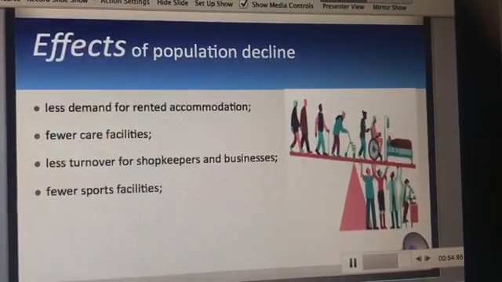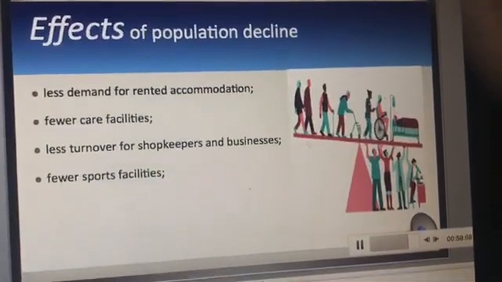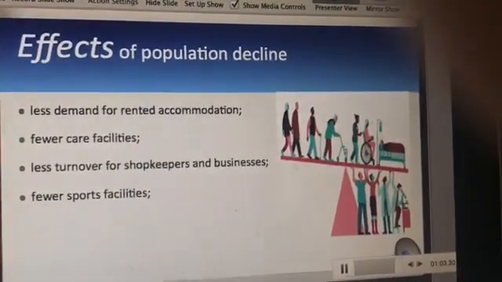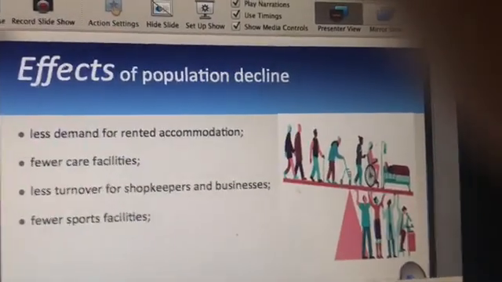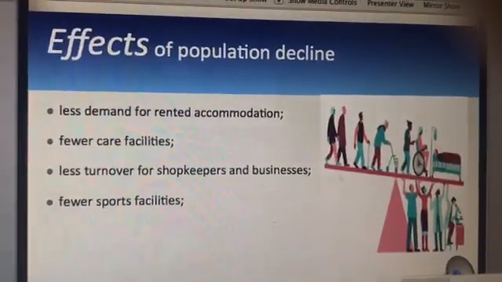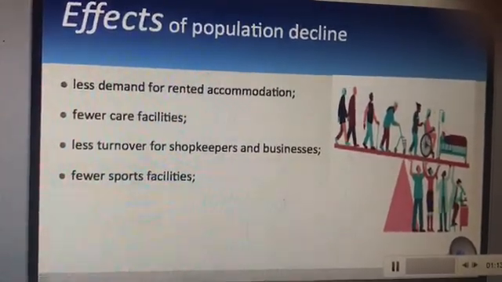This puts a lot of burden on the young adults, and reduces the capacity of accommodations, of health, and of course entertainment.